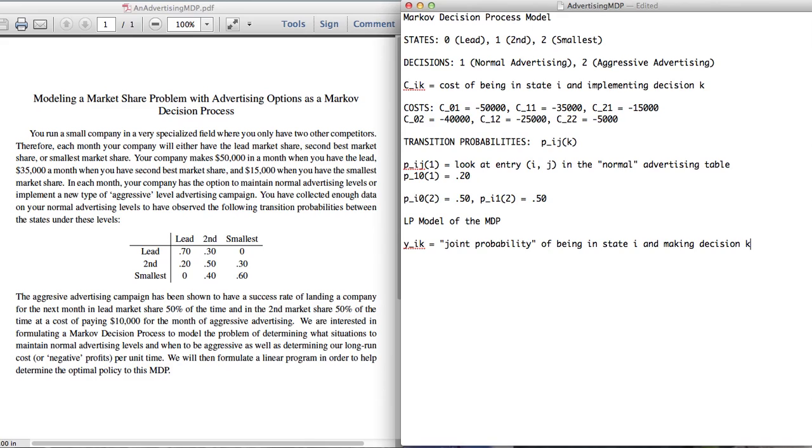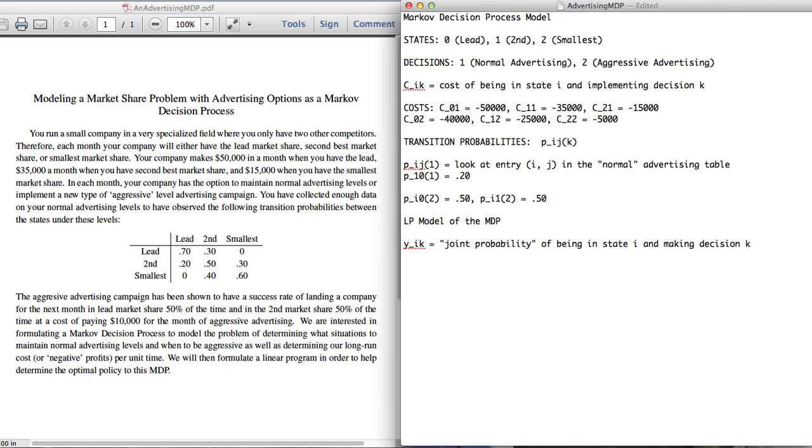There's an optimal solution where at most one of the y_ik's is on for each of our states. Whichever y_ik is on for state i gives us the decision that we will implement in that state. And then the y_ik for that particular decision becomes the steady state probability of that particular state.